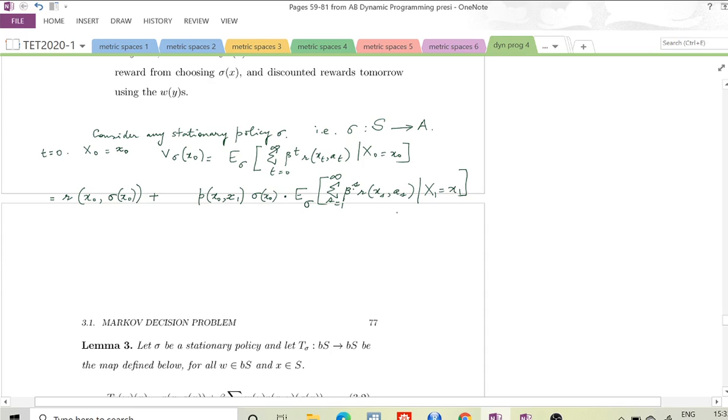So this is the expected discounted present value for this specific state, if this specific state x1 occurs. And any state x1 at time 1 will happen with this generic symbol for probability. So I need to sum across the possibilities of various states, right? Okay, so that's V sigma of x naught.